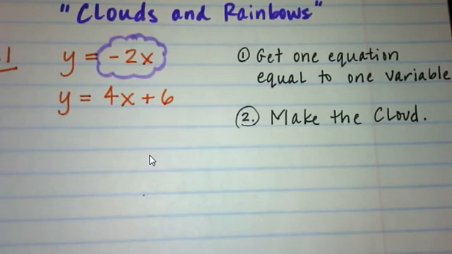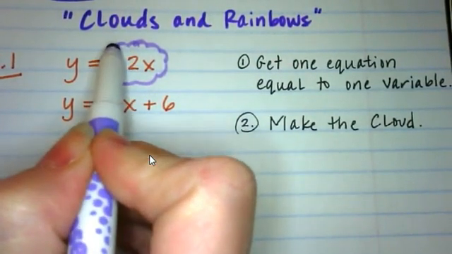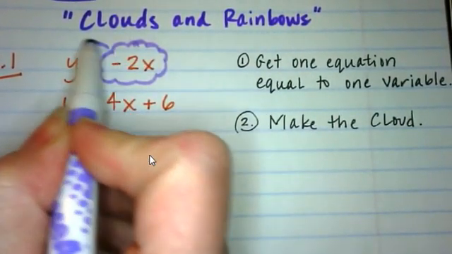And then I'm going to float this cloud, because if y is equal to negative 2x, that means I can replace y with negative 2x in any problem. So I'm going to take this cloud and move it and fill it in right there.